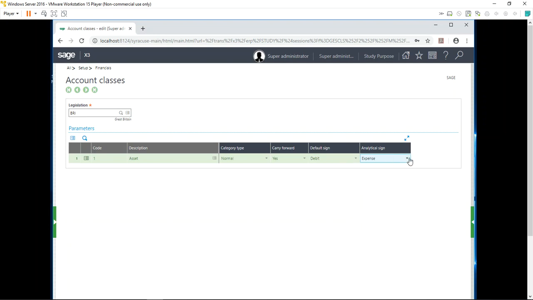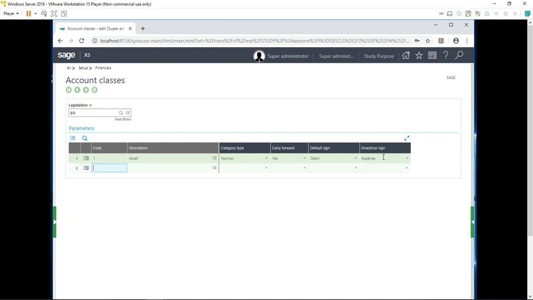The analytical sign helps when you take an inquiry report out of the system, in how the balances are shown in the report, whether with a plus sign or a minus sign. According to the setup, the system will help you at the analytical and report level. So this tagging only helps for reporting purposes.